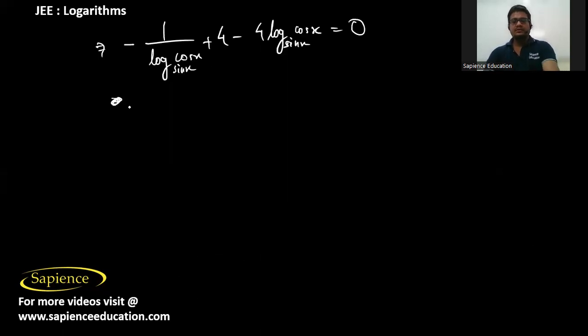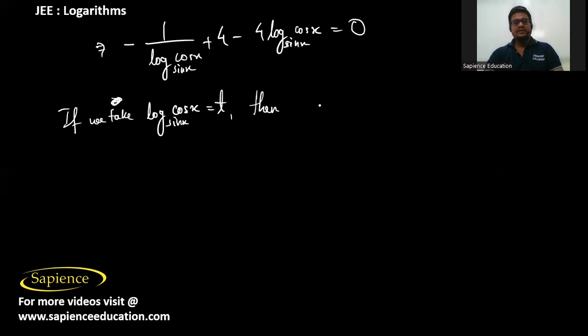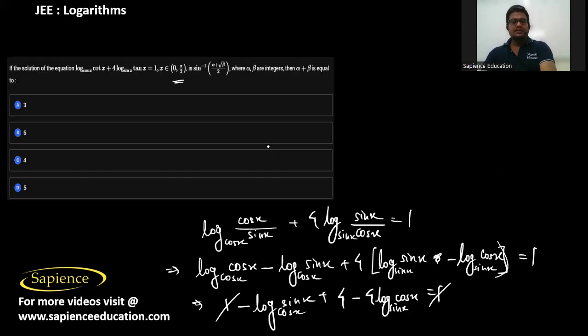So suppose if we take log cos x base sin x as t, then it will come 4t plus 1 by t, that is equal to 4. So then if we solve it, we have to find the value of t.